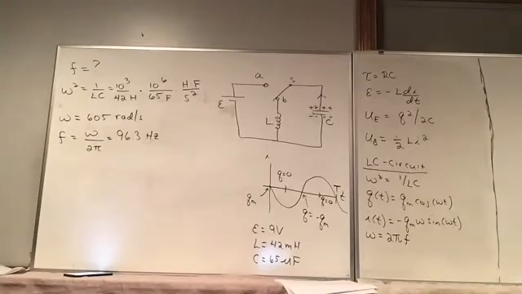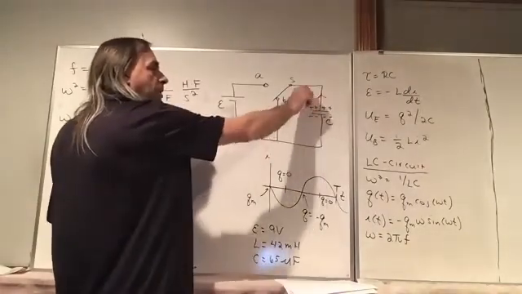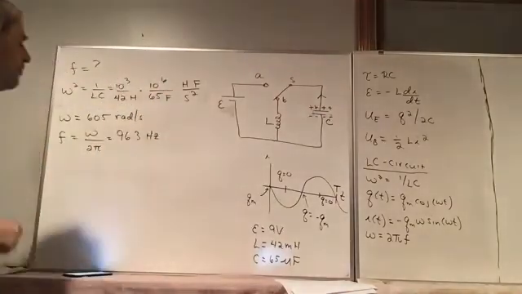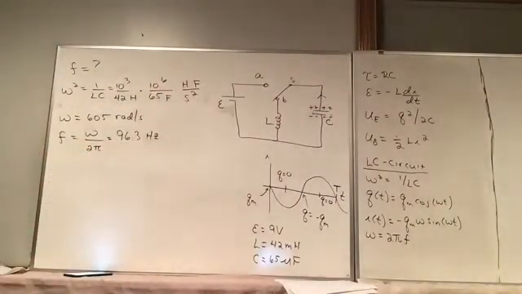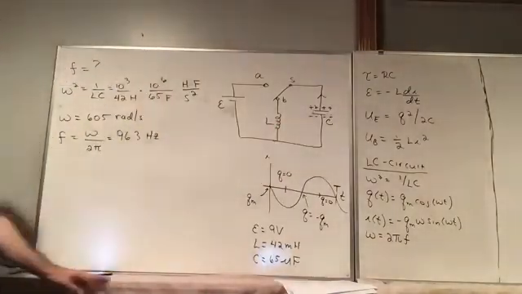A full cycle is a charge starting on the capacitor, it flips polarity and then flips again to get back where it started. It would do that about 96 times every second. So the energy is going to be flipping back and forth very rapidly.